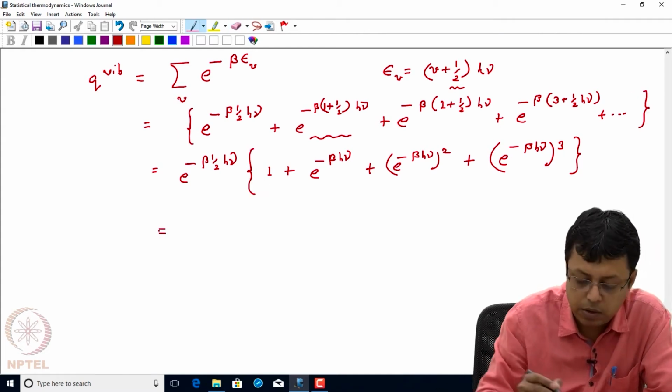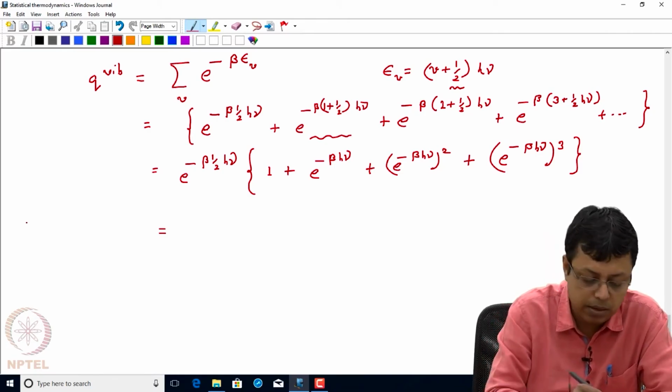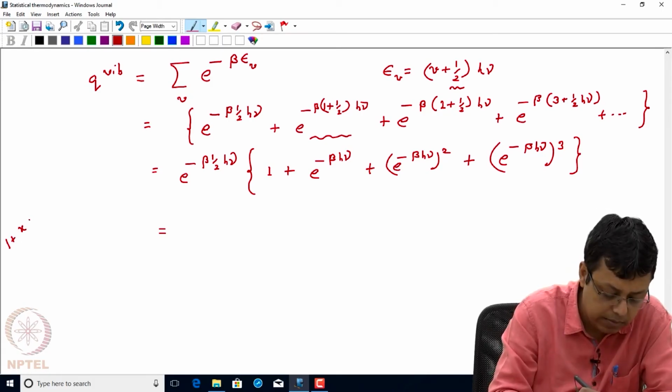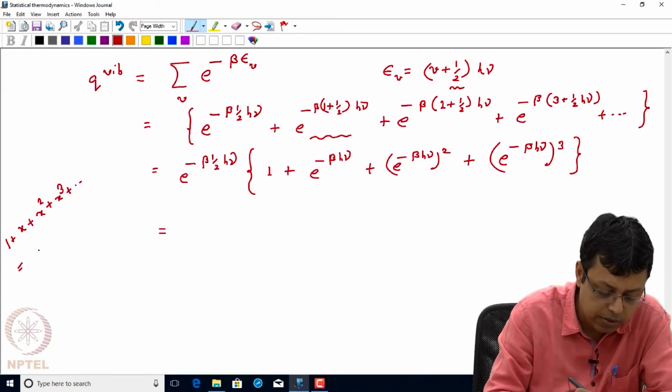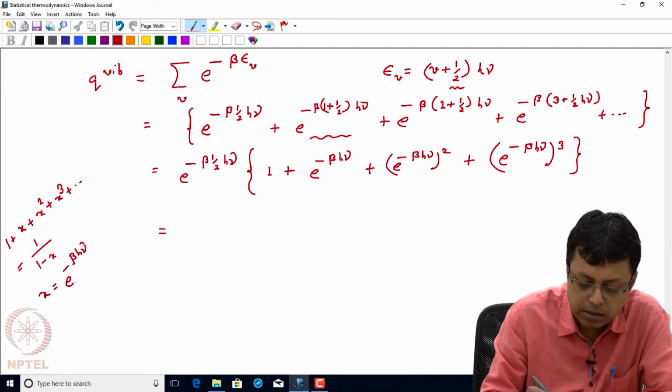And then what we figure out here is that this is nothing but the series 1 plus x plus x square plus x cube, and the value of the series is 1 over 1 minus x, where x in this case is e to the power minus beta h nu.